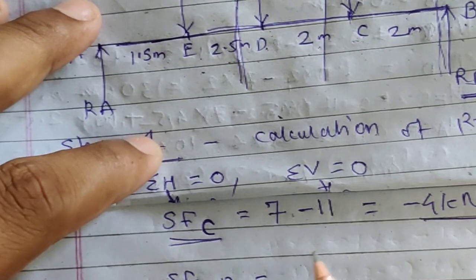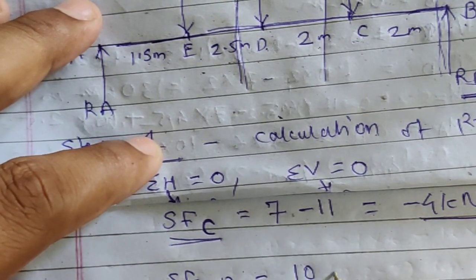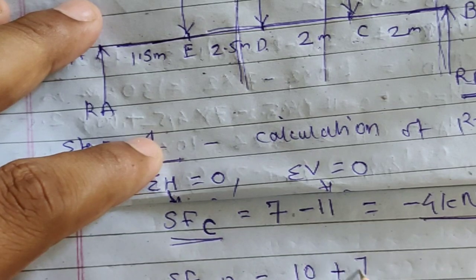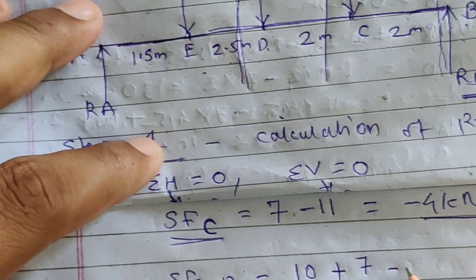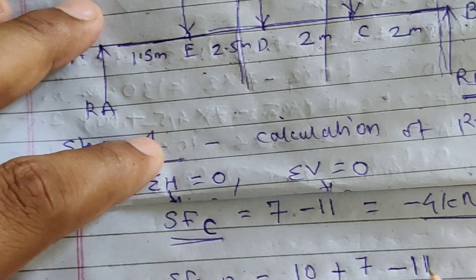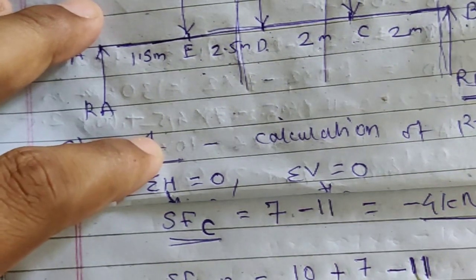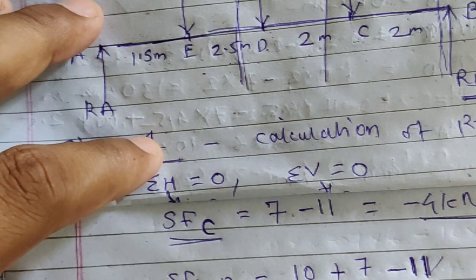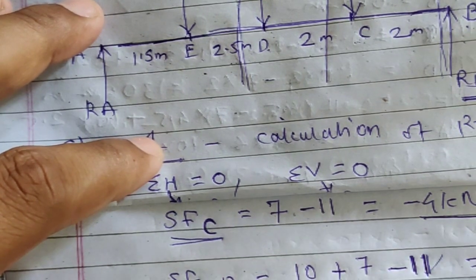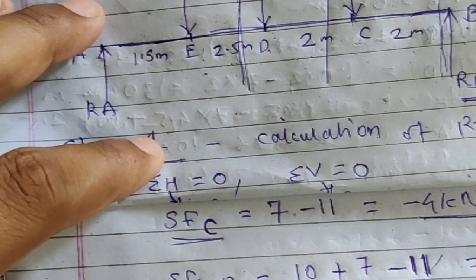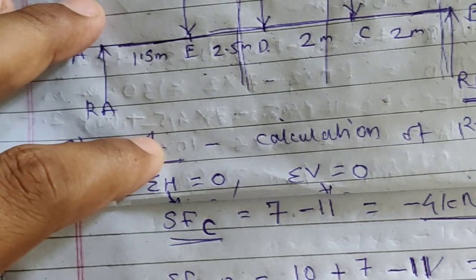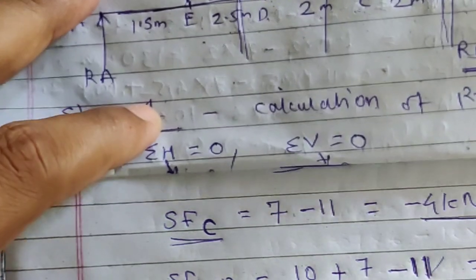So this 10 kilonewton is positive, plus 7 kilonewton is also positive, and this minus 11 kilonewton is RB, which is going from downward to upward, which is negative. Then the value comes out to be 6 kilonewton. So SFD at D is 6 kilonewton.